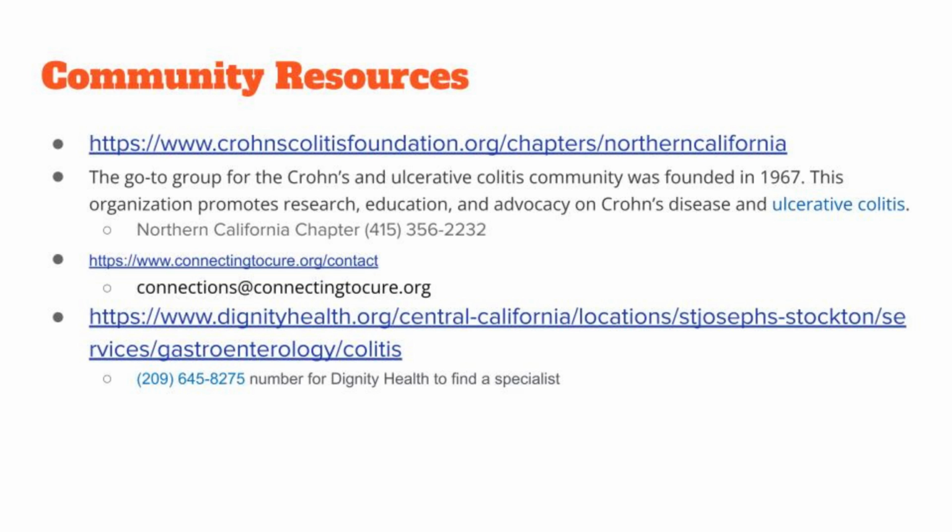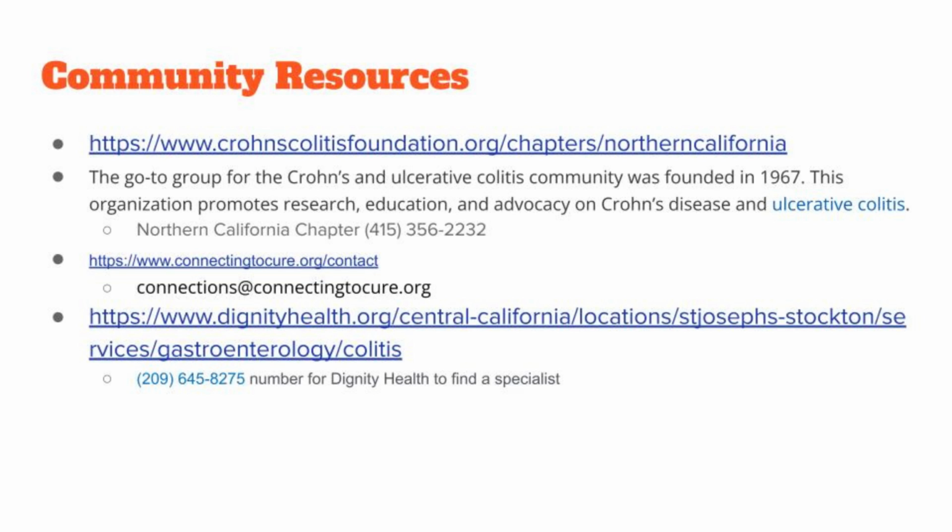Community resources. So here we have a list of community resources for anybody with ulcerative colitis. The first one, Northern California chapter. That one was established in 1967, and it ranges all of Northern California and up the country as well. And you can find a lot of information and meet with a lot of people that have ulcerative colitis.